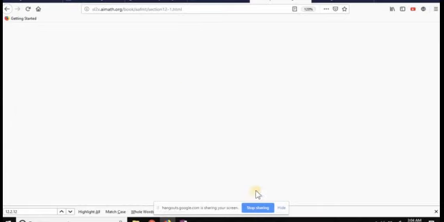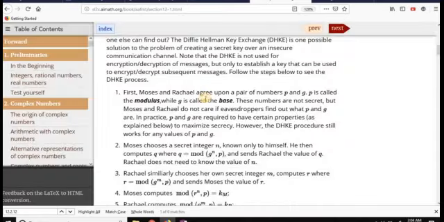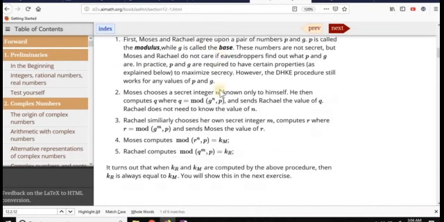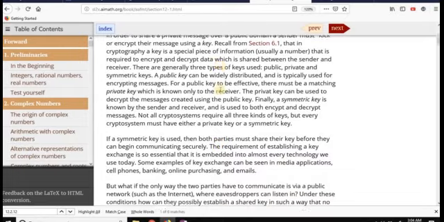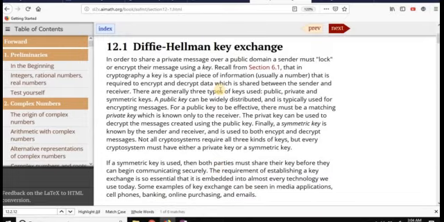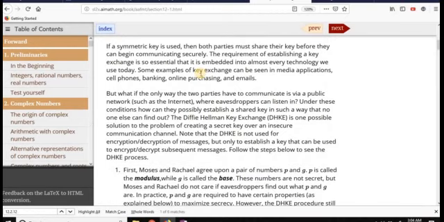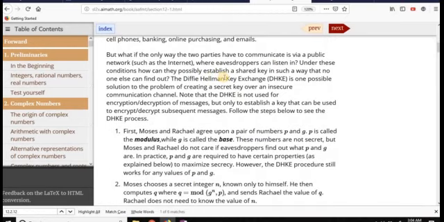The whole thing about cryptography is that you need this so-called one-way function. It's a function that's easy to compute but hard to invert. And the elliptic curves are going to give you a one-way function.